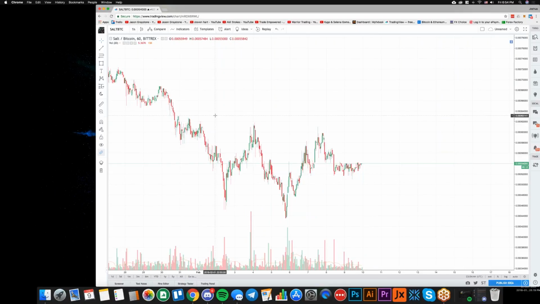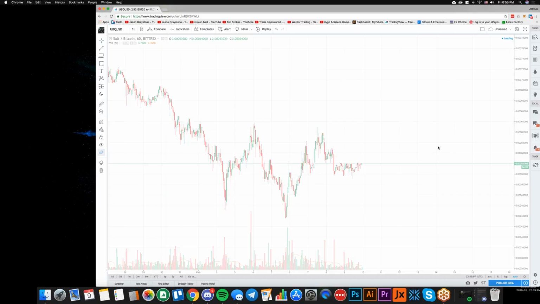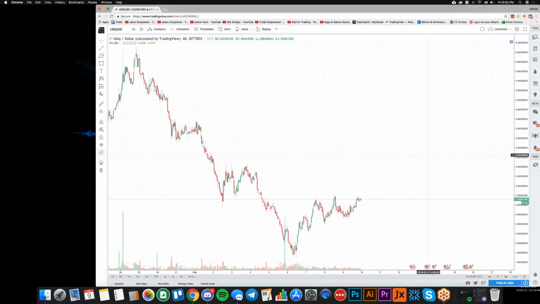That's one thing you've got to get used to: looking at everything in its Satoshi value, not in the dollar value, as it pertains to trading. Some of them have USD bases. I think Ubiq might be one of them. Yeah, calculated by TradingView. So I wouldn't consider it the most reliable, but we'll use this as an example.